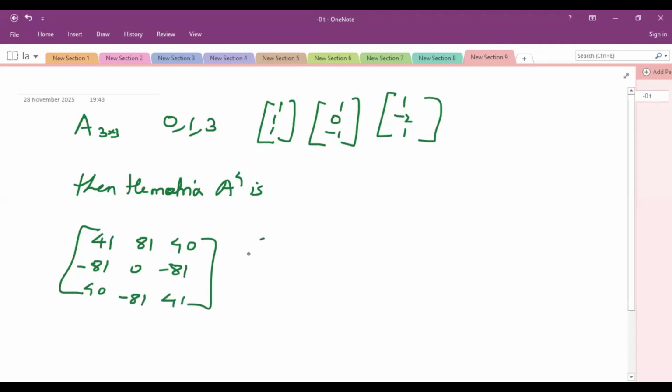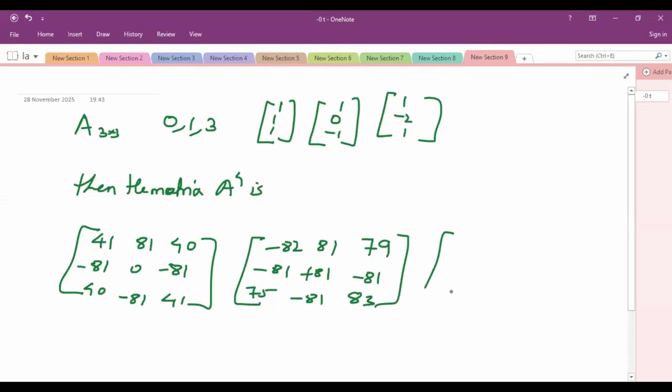So this is one possibility. Minus 82, 81, 79, minus 81, minus 81, plus 81, minus 81, 75, minus 81, and 83.